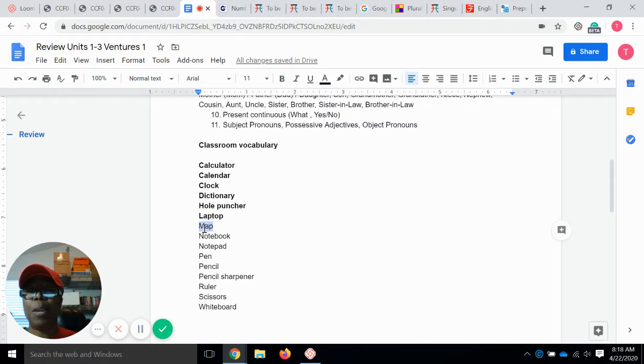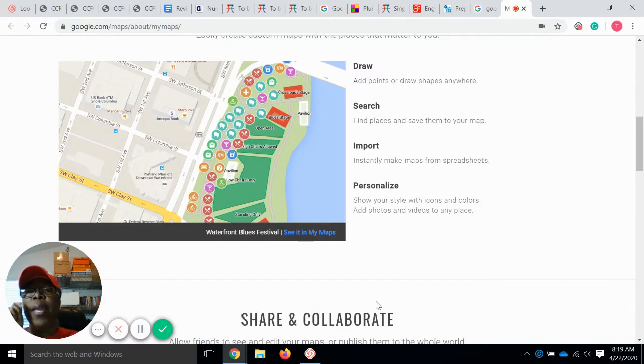Okay. Then we have map. Map. Okay. A map is what shows us where we are. A map gives us information about our location. So here we have a map. Maps can give us information about the city we're in.